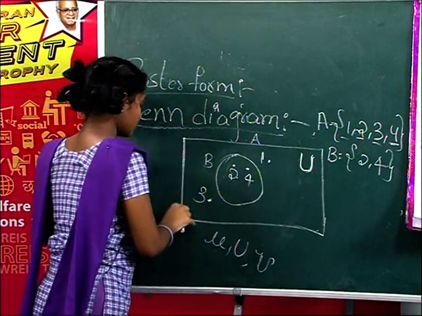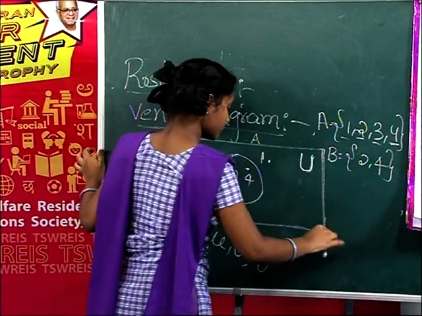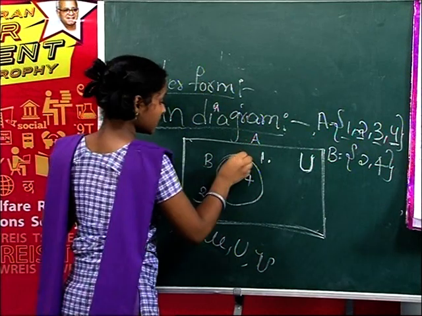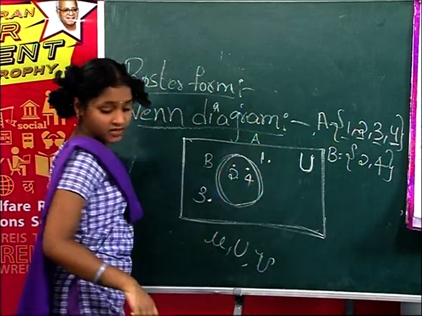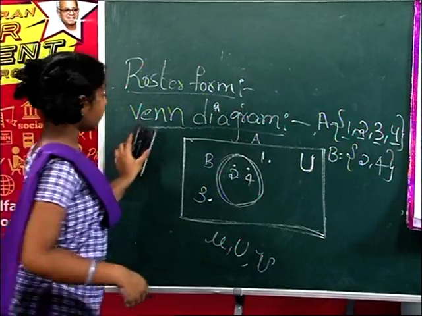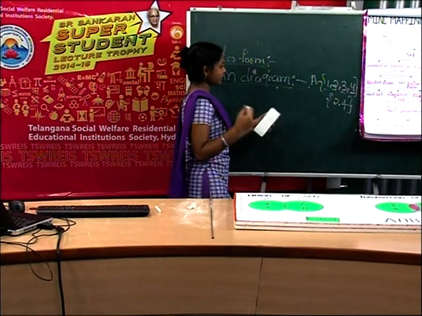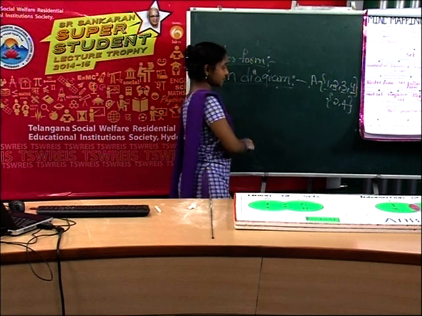The universal set is written as a rectangle with a circle inside. We can write Venn diagrams in another way also. If we have only one set, it is a circle in the rectangle.